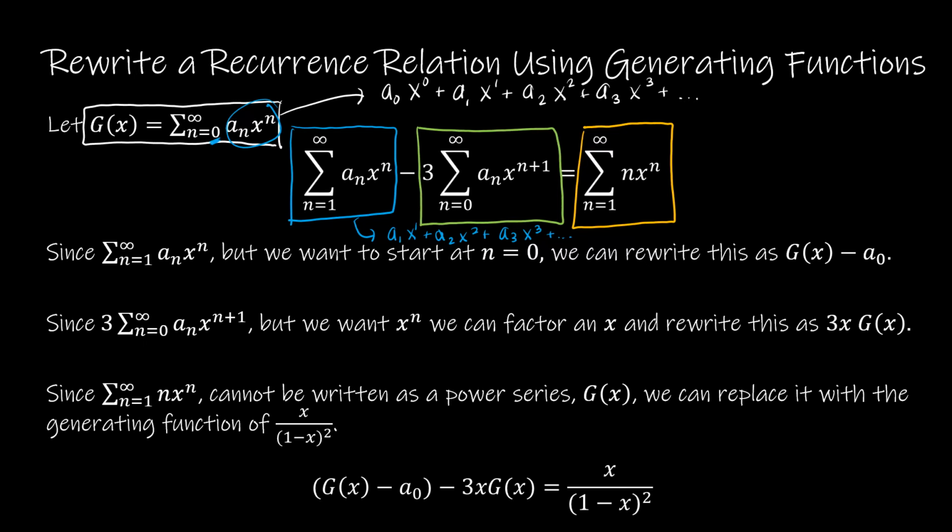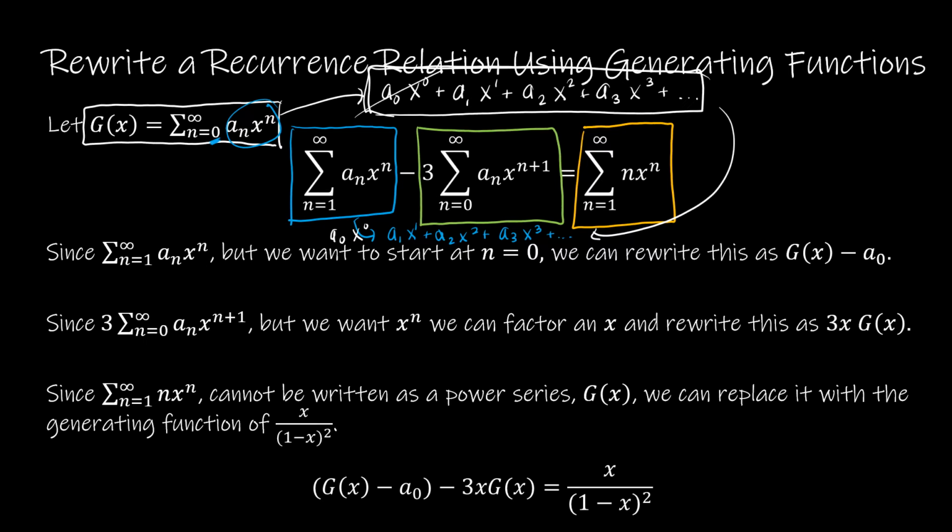So what's the difference between what I have boxed off in blue and the actual power series? Well, I'm missing a sub 0, a sub 0 x to the 0. So what do I need to do? Well, I'm going to take this generating function, this power series, and I'm just going to get rid of that a sub 0 value, and that's going to give me this.